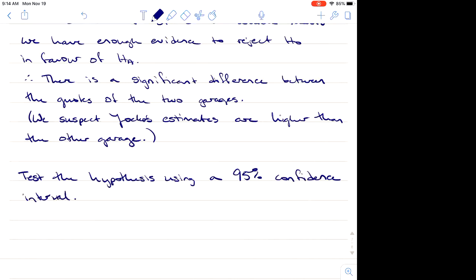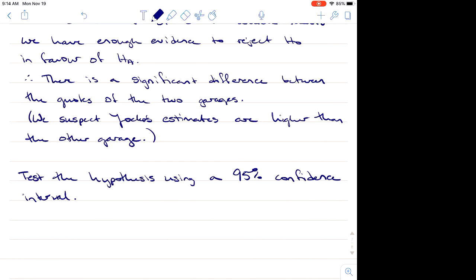Default is an alpha level of 0.05 and a confidence interval of 95%. That's just default. But I'll always give you what confidence level I want, so it doesn't really apply as much.